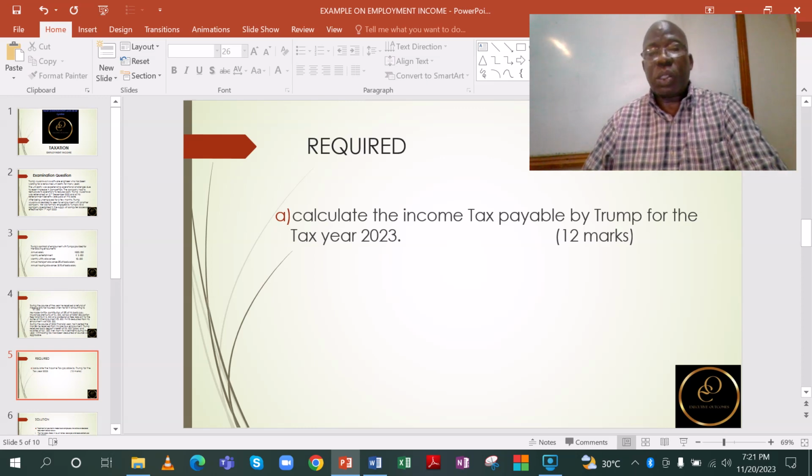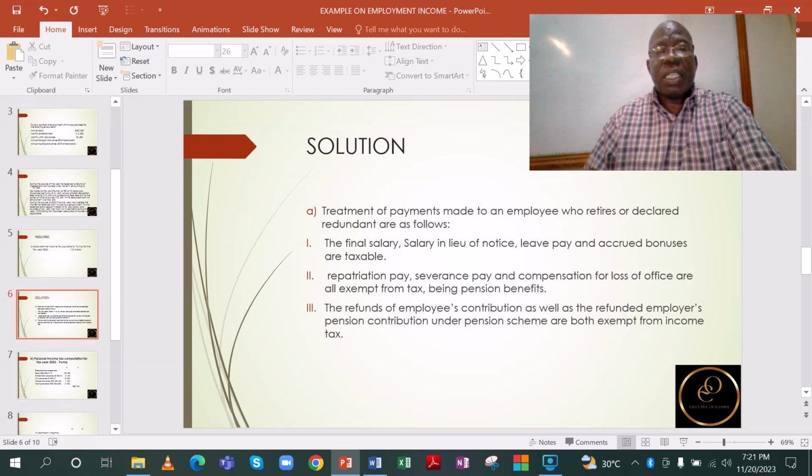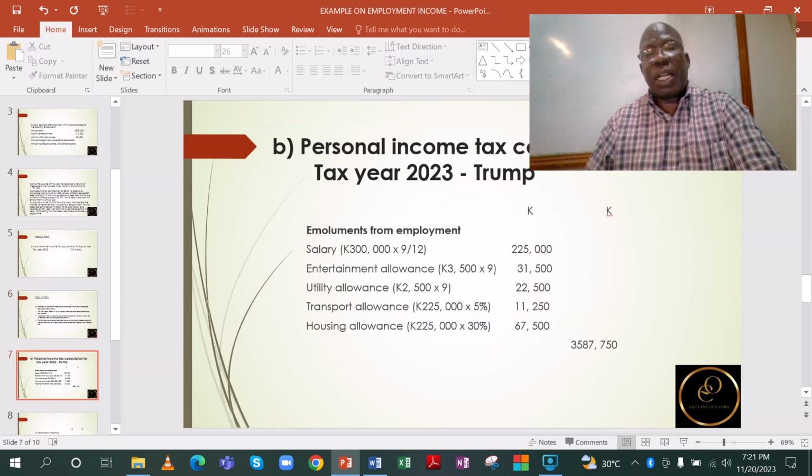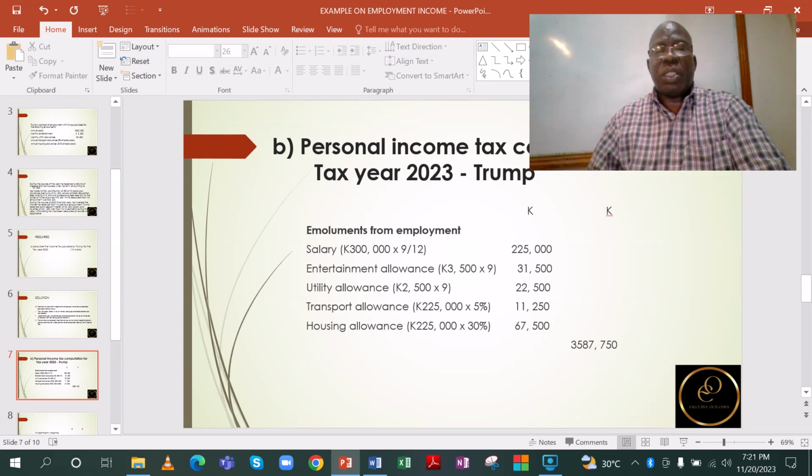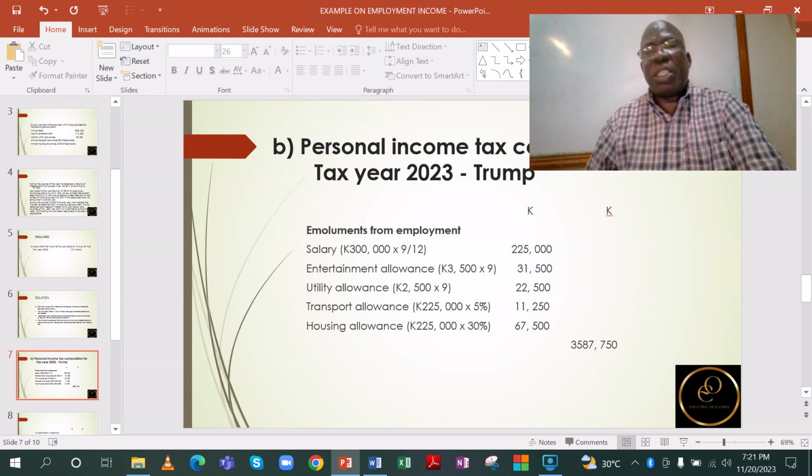Already, you have seen from the question that we are able to identify the emoluments, in form of, one, a salary, where we are told the salary is 300,000 kwacha per annum. Now, when you are dealing with a taxation question of this nature, you have to be particularly alert to identify the period of employment. When did he start employment and when are you ending with this employment?